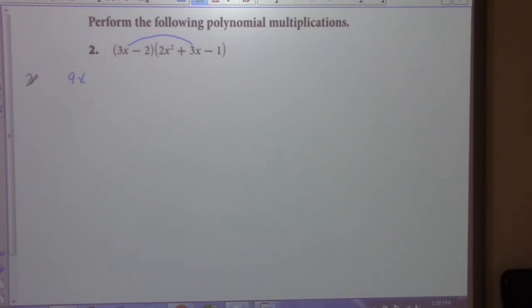So put 2x squared over here, plus 9. And then I took the negative 2 and I multiplied it with the negative 1 and got positive 2. And that's where I'm at right now.